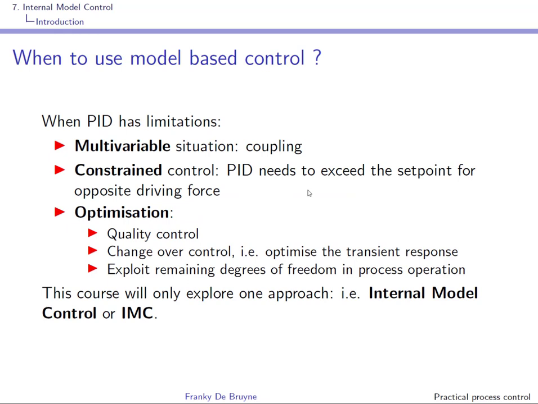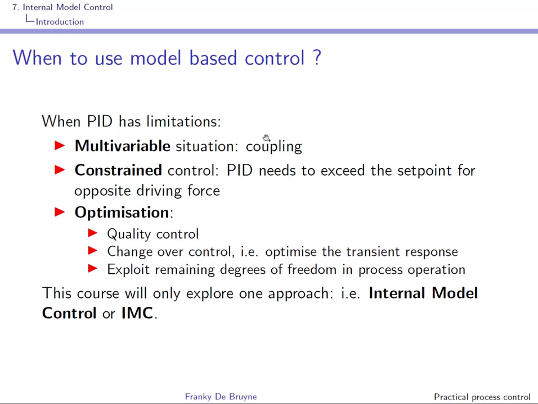Model-based control also has advantages in the multivariable situation, when we have coupling, and in the presence of constraints. We have seen in the simulations for override control that we had to violate the constraint slightly with this solution, and model-based control also offers the possibility to do optimization.